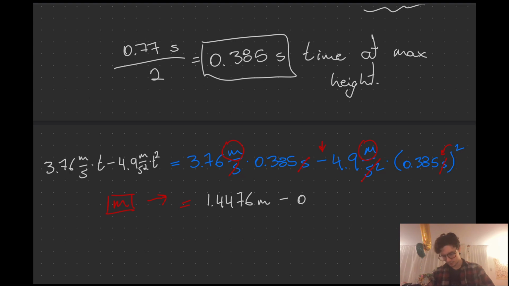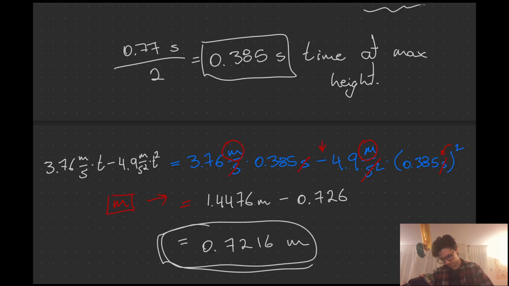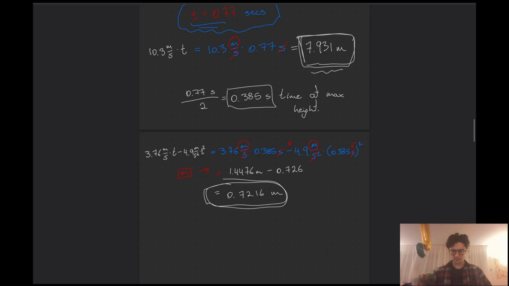This equals 0.726. So the final height is 1.4476 minus 0.726, which is 0.7216 meters. So here are my two final answers: 7.93 meters in length, 0.72 meters in maximum height.